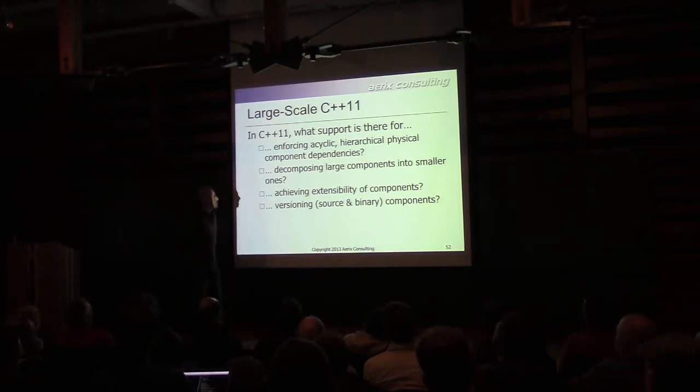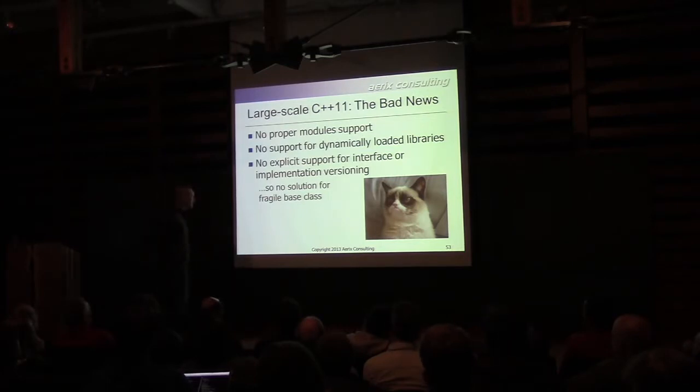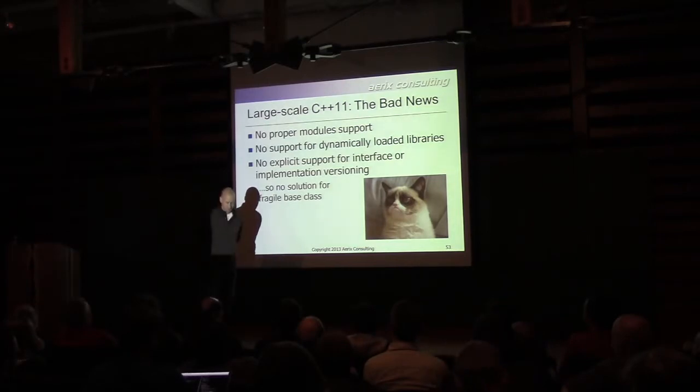Or decomposing large components into smaller ones, or achieving extensibility, or versioning? Really nothing at all. We don't have module support yet, although they say it's coming. We don't even have support for DLLs, or shared objects, right? No explicit support for versioning of interfaces and implementations. And so there's no solution for the fragile base class problem. So that kind of sucks.